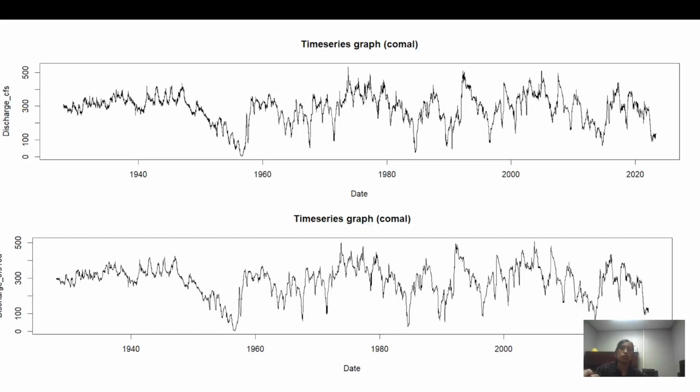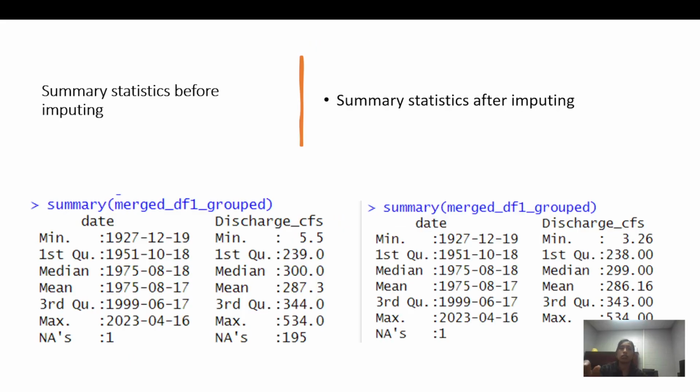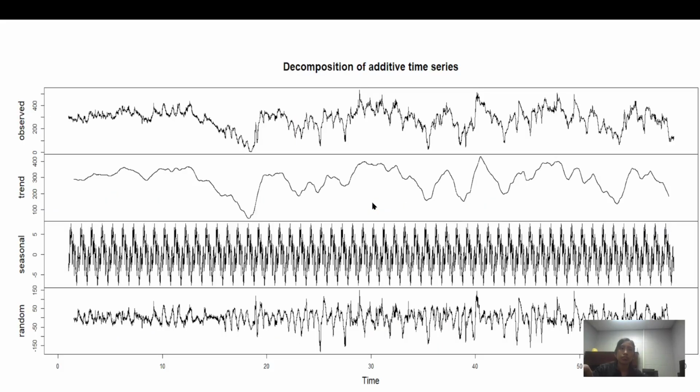Here also the missing data are filled, and the summary statistics are taken out. Here the mean and median changed by just one number, 300 and 299. This is also not a quite high difference, so it can be considered. Next is the additive decomposition of the time series. We can see the trend and the seasonal variation.